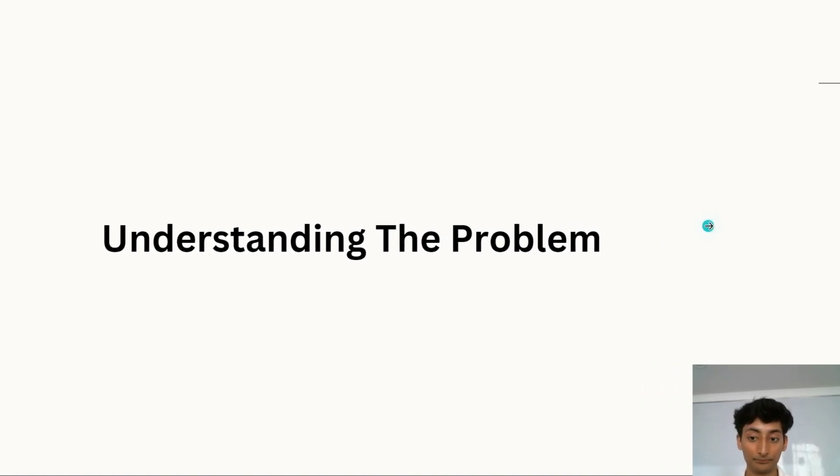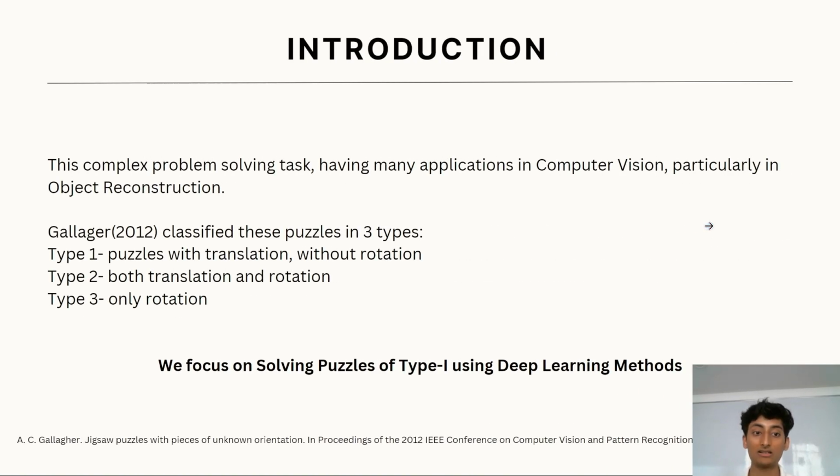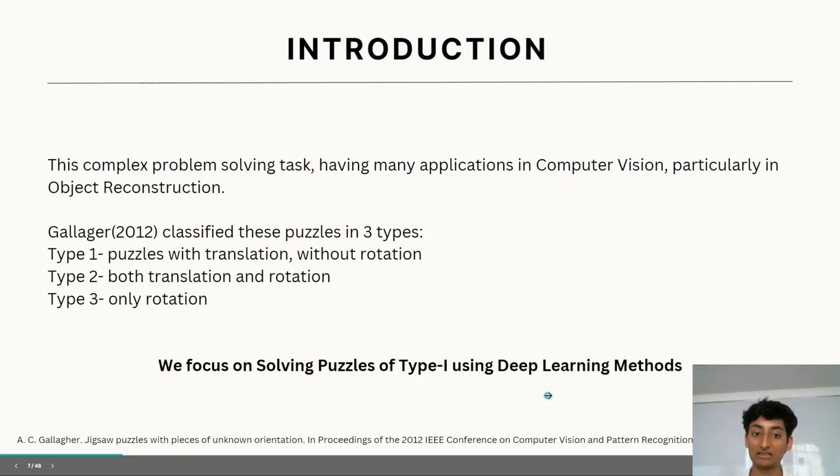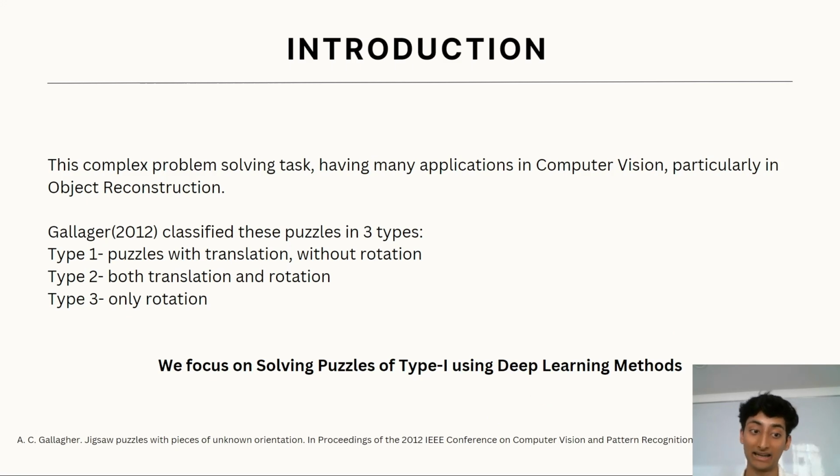So what's the problem? This complex problem solving task has many applications in computer vision, particularly in object reconstruction. Gallagher, in his paper in 2012, which I've cited down below, classified these puzzle tasks into three types. Type 1 is puzzle with translation without rotation, which we saw in the previous example where you just shift the puzzle and don't rotate it.